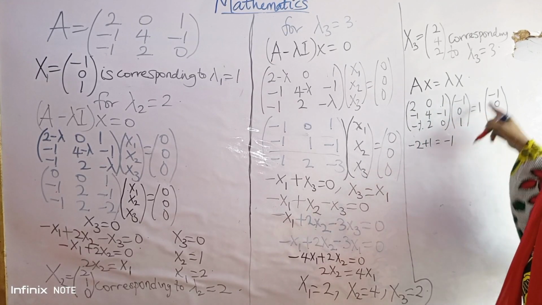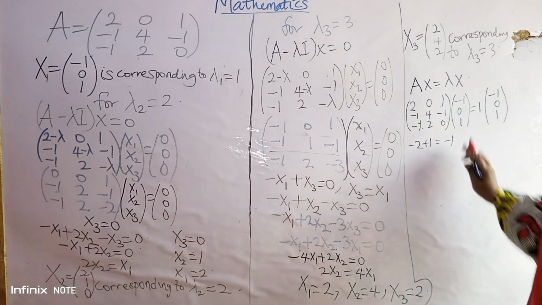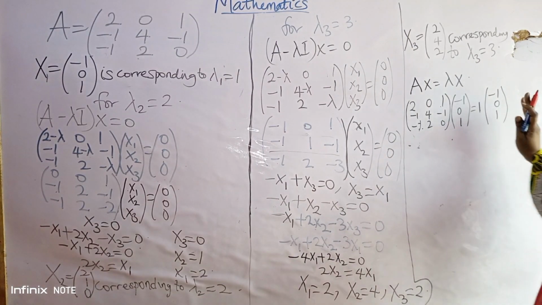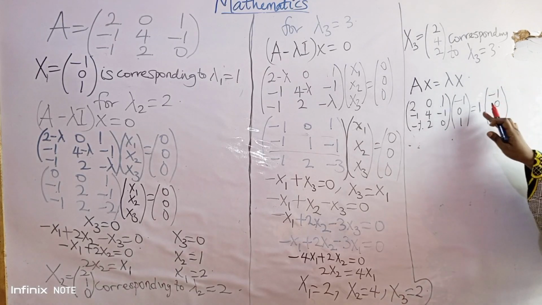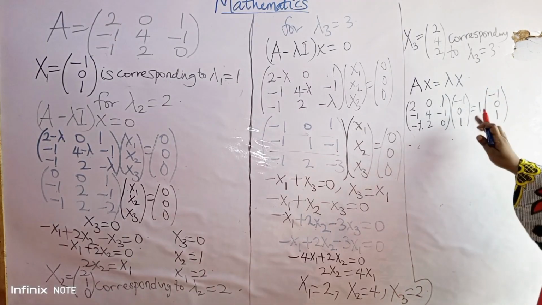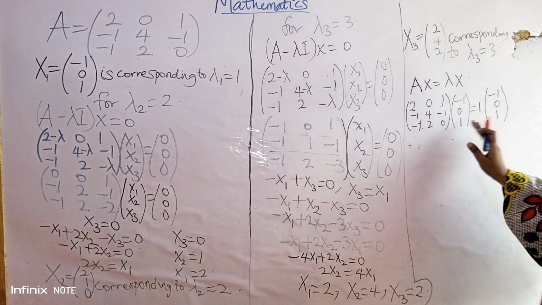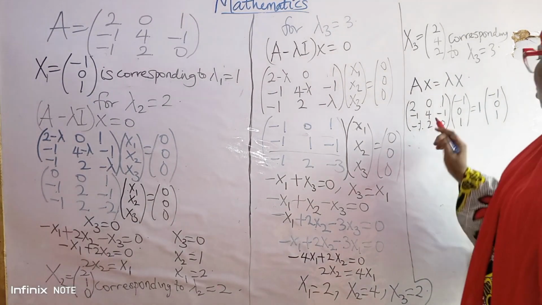You can see that if you open this one, you still get minus 1. That means that is correct. So this one is a scalar. That is, from this value of x, there is something that we can factorize from this value, and we still get the same answer for Ax. Let's do for the other one.